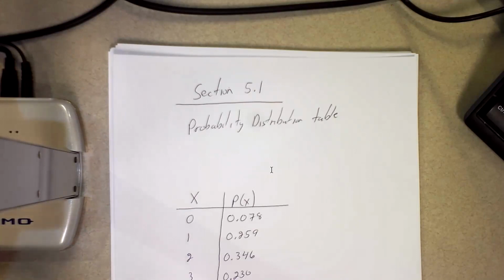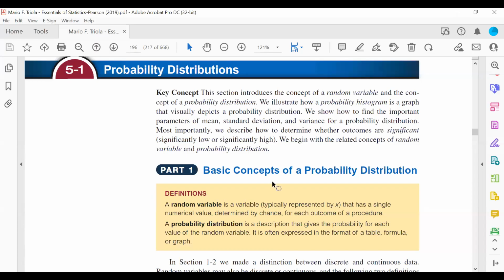All right. So a probability distribution table is kind of like a histogram. It has the probabilities. So it kind of incorporates what we did in chapter 2 and in chapter 4.